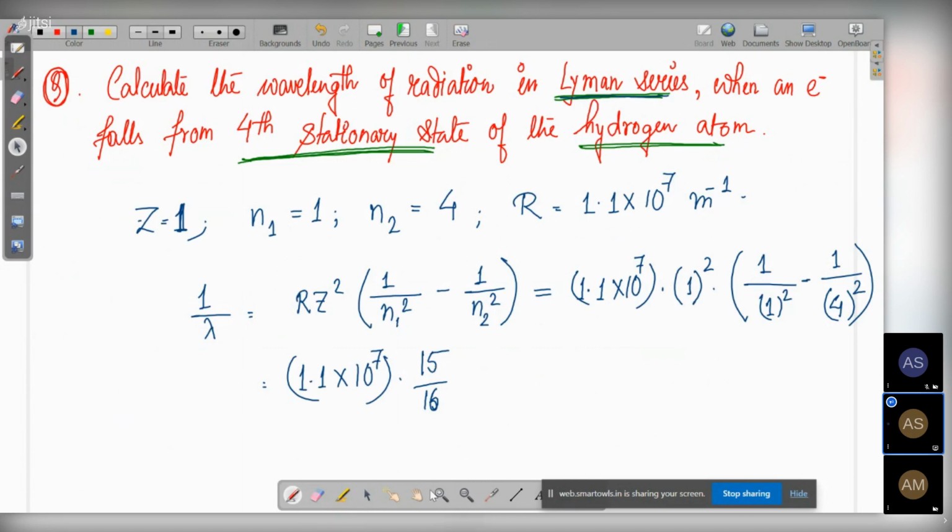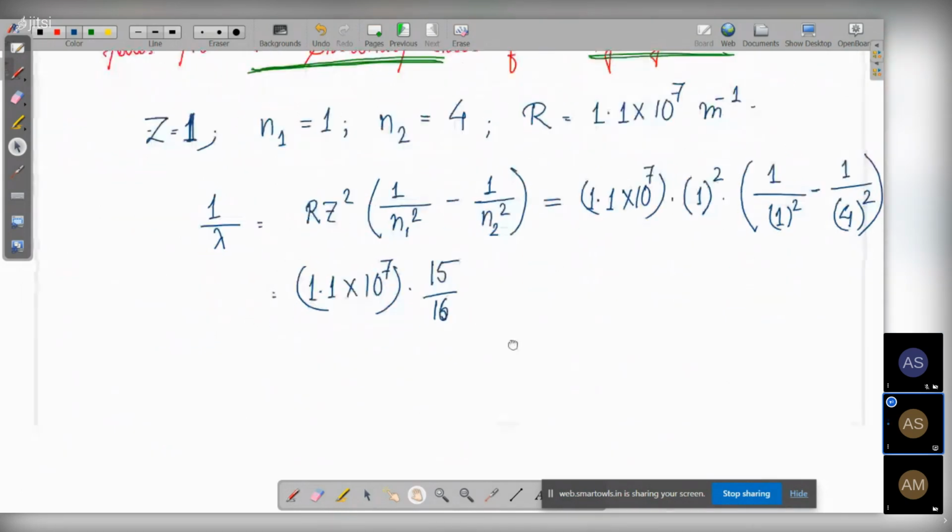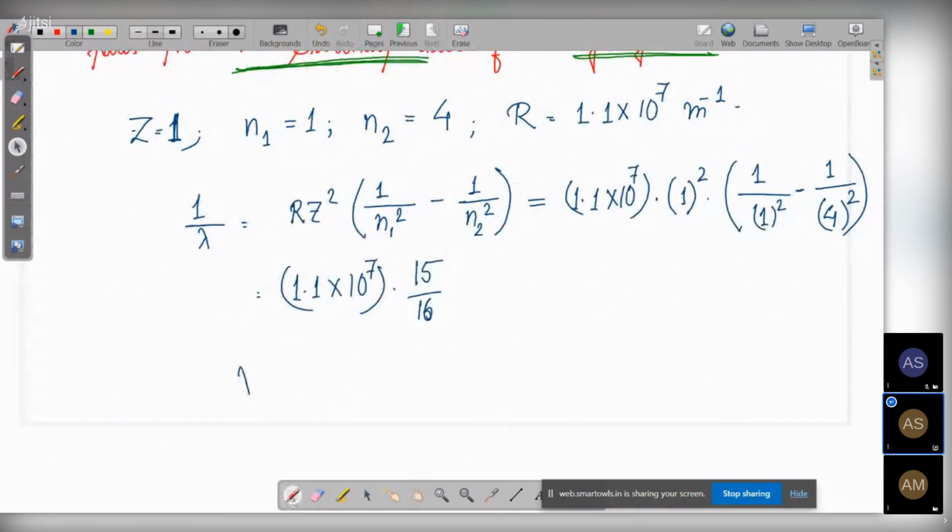So if you find out lambda from here by doing the necessary calculation, lambda equals 9.69 into 10 to the power of minus 8. That is the answer of the numerical.